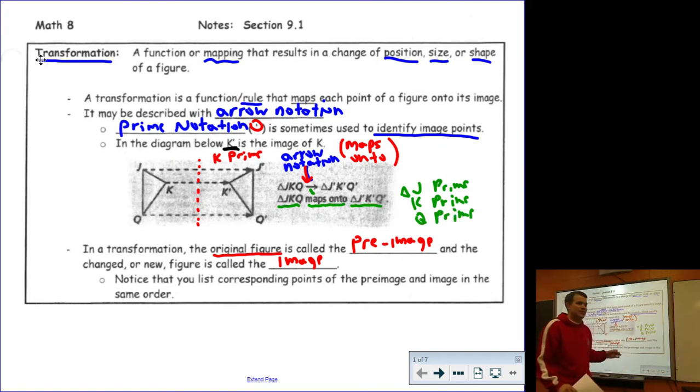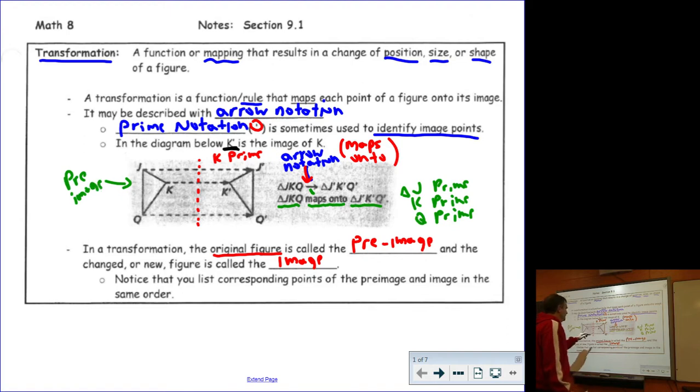So you read those little apostrophes, prime: J prime, K prime, Q prime. Notice one more thing, that this would be the pre-image, and the new shape would be the image. And I think that is good for the moment.